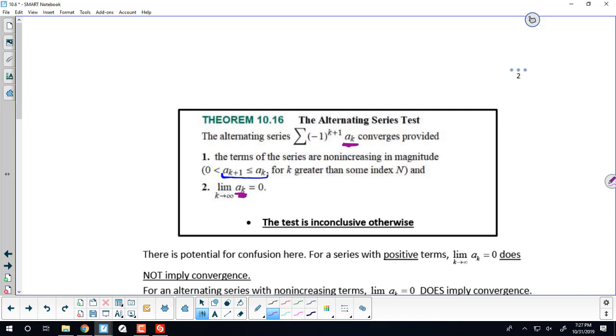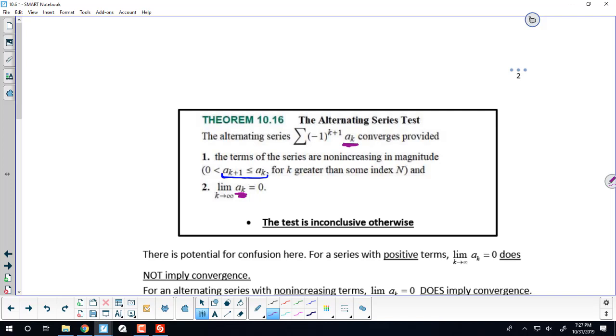So whatever series you're given, whether it alternates or not, the divergence test says you have to compute the limit at infinity on the series that's given as is. But the condition here in the alternating series test says we don't consider the alternating part. We would just consider the k plus 1 over k or whatever it happens to be. So is that clear, like why that's not the divergence test?